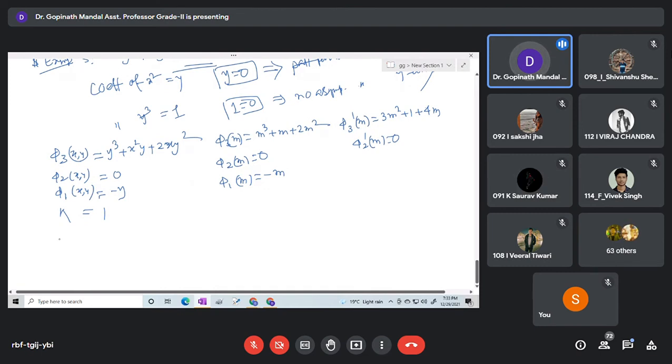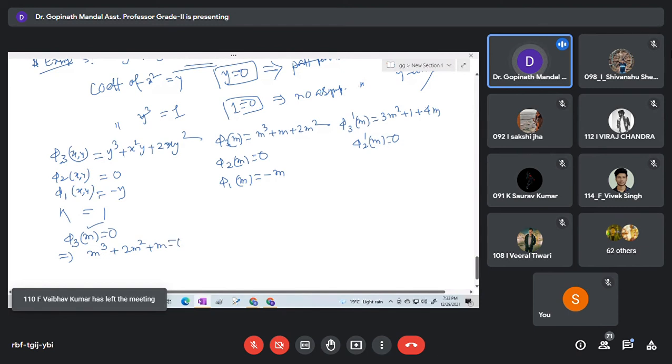Now step 1 is first find the value of phi 3m equal to 0. Find the root m in that case. So m cube plus 2m square plus m equal to 0. M common, m square plus 2m plus 1 equal to 0.